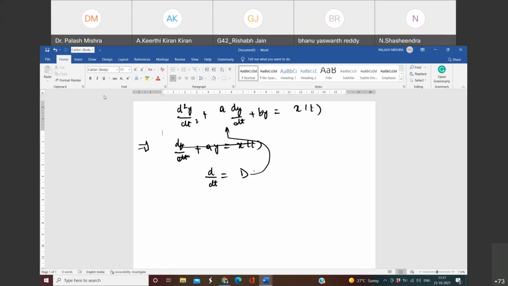Can someone tell me? It will be D square plus a times D plus p times y(t) equals x(t). Any doubt? I have just written this equation in this form.